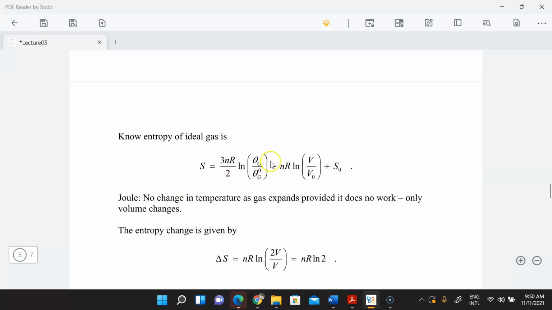When that happens, this part will not contribute. The only part that contributes is this particular part. So if you do the change from the original volume V to 2V, it will be that, and that will give you the entropy change under the gas expansion.